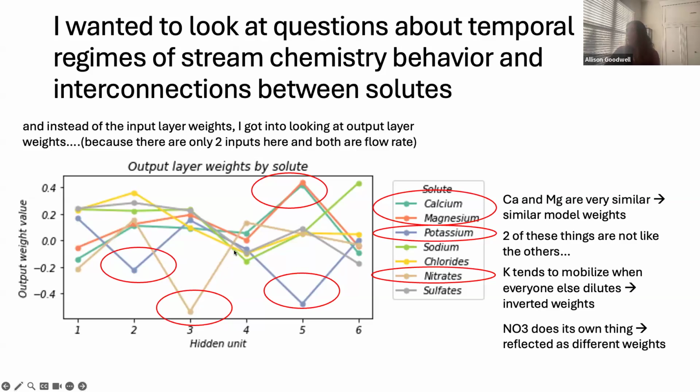The purple is potassium. So if the weights go up, the potassium basically goes down. It's almost like a mirror image. And then nitrate does its own thing, which is illustrated here, where this particular hidden unit has a much different weight for nitrate, and a similar one for everything else.